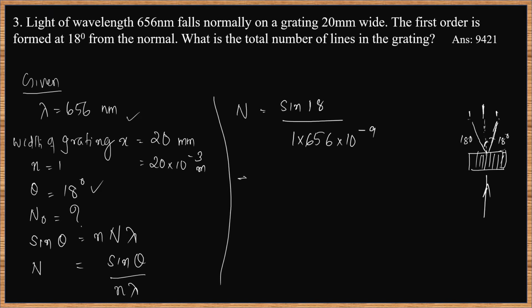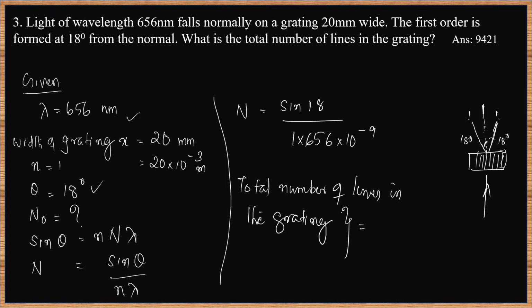The total number of lines in the grating is equal to the number of lines per unit length into the total width of the grating.